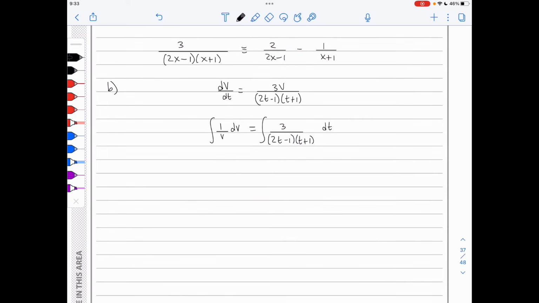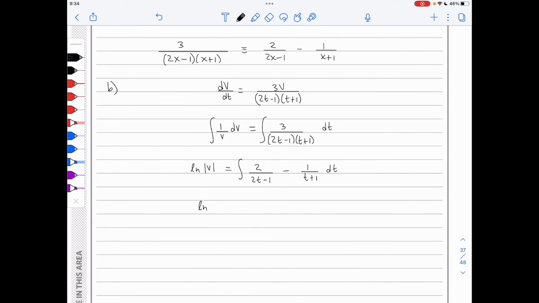I also recognize that for the integral on the right hand side, I can use the partial fraction decomposition we just did in part A. So the integral of 1 over v is simply ln of the absolute value of v, and on the right hand side it's the integral of 2 over (2t - 1) minus 1 over (t + 1) dt.